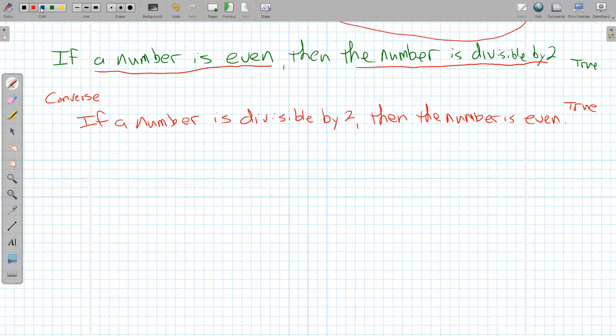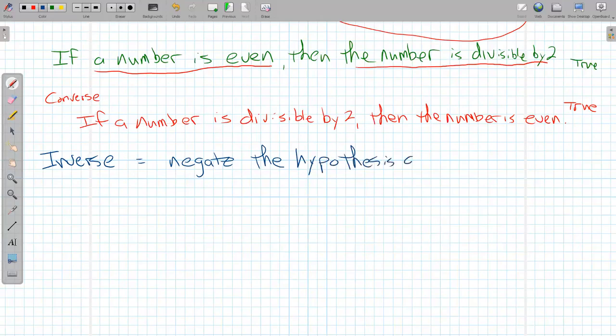Another type of statement that we can make would be an inverse. And an inverse just means negate both parts. Negate the hypothesis and negate the conclusion. So for this statement above, the inverse would be leave everything in the same order, just throw in some negations.